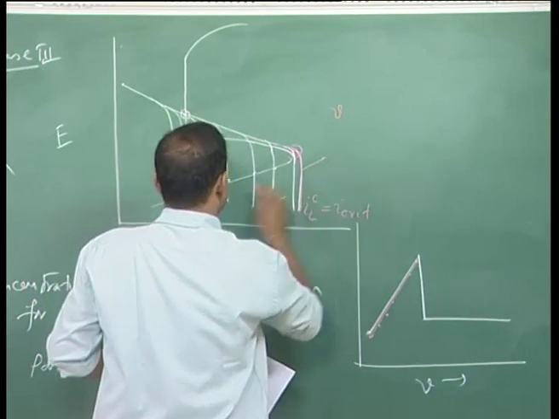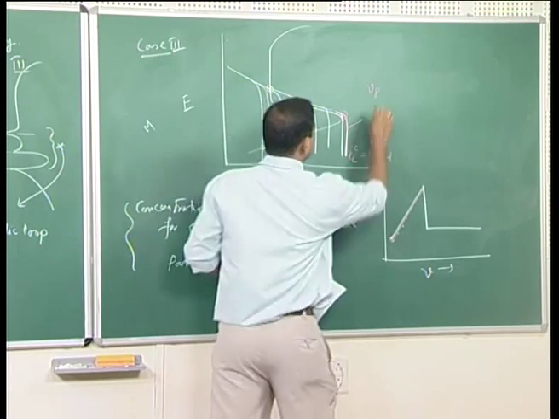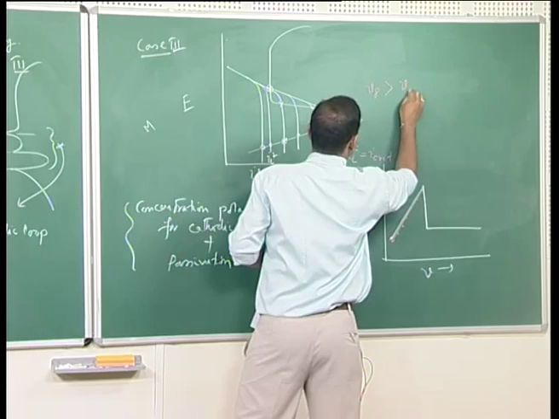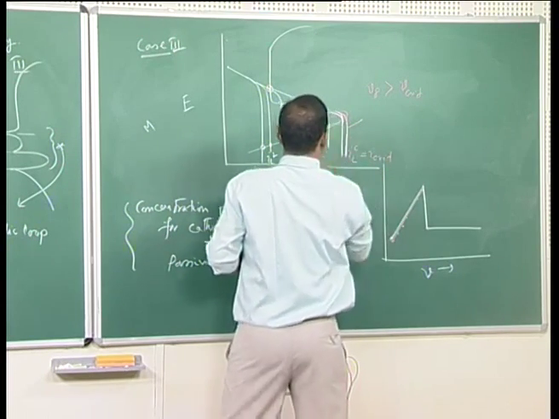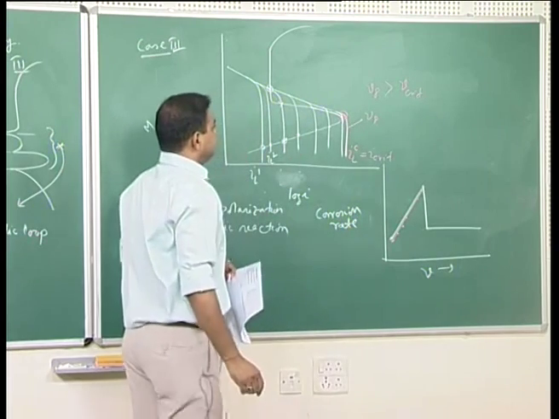Let us say this velocity is 1, 2, 3, 4, 5, 6, 7, 8. Velocity 8 is greater than velocity critical. This basically corresponds to velocity 8.